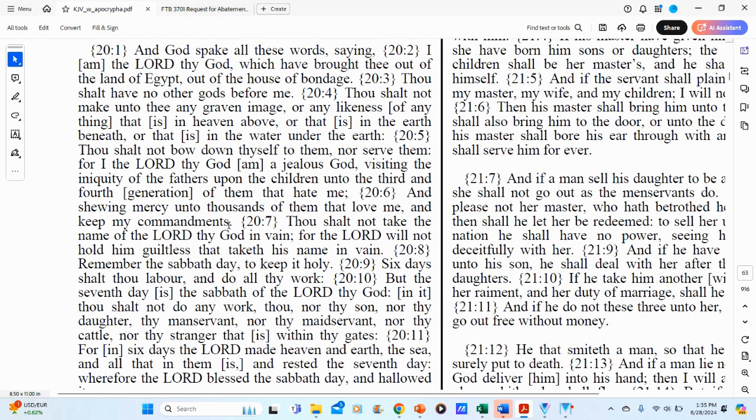So, 6 days shall you labor, do all your work, but the 7th day, not every 4 moon cycle portions, is the Sabbath of the Lord thy God.